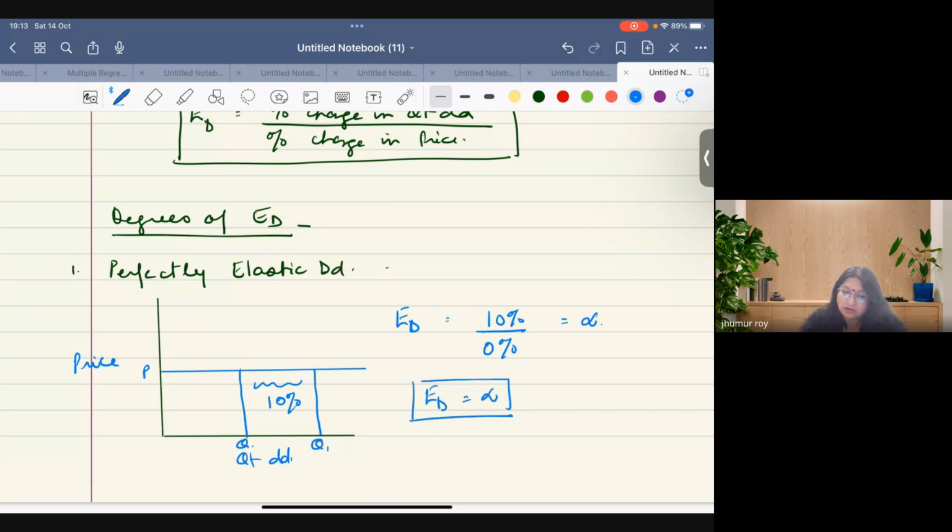This kind of curve is the demand curve which you find in the case of perfect competition. We will study this also in detail in maybe the next classes.